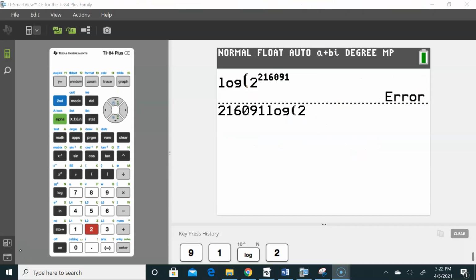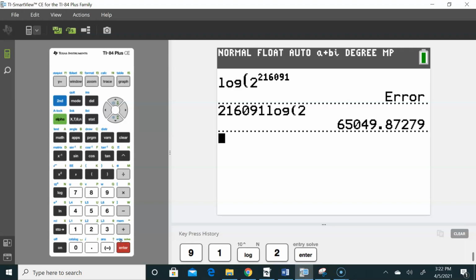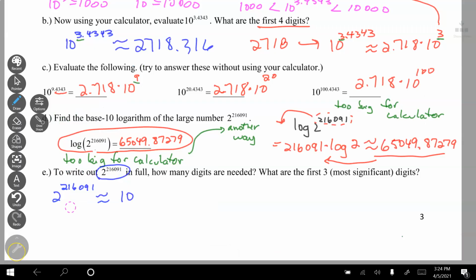So there I am. The one above was an error, but this one I can type in the calculator: 216,091 times log of 2. I get a nice decimal number for it. So I have my log of 2 raised to the 216,091 is a 65,000 number.